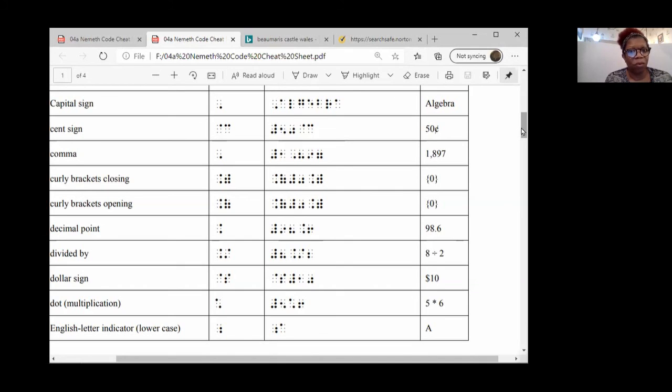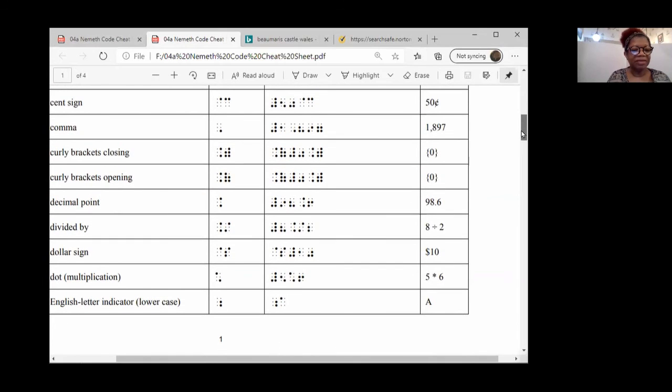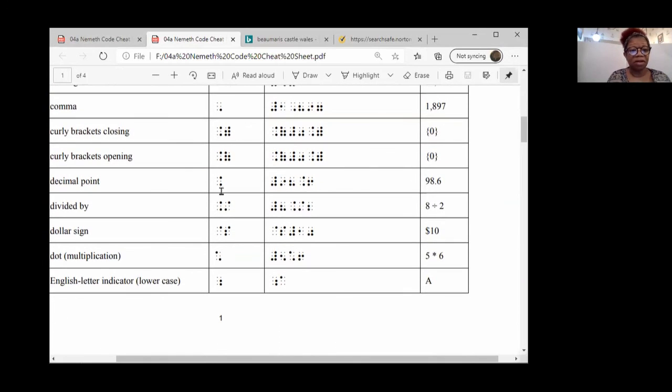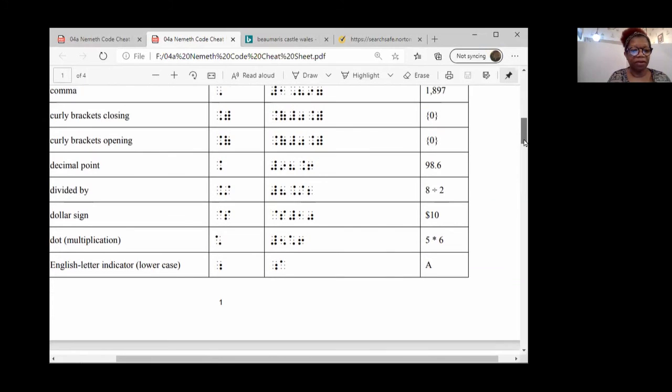I don't know why. They're not very literary, but so we're going to do that. And let's see, did we do the decimal last time? The decimal also uses 4, 6. So I think that's all the Nemeth that we were going to have on there.